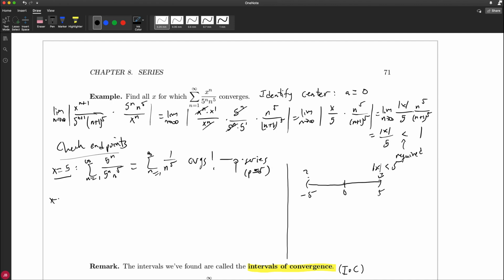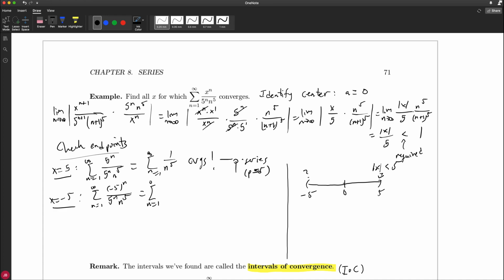Now let's try x equals minus 5. Then I get the sum n equals 1 to infinity, minus 5, parentheses around it to the n. A minus 5 to the n with no parentheses around the minus 5 is technically incorrect. Okay, so you might be thinking, well, I can cancel these 5 to the n's essentially, but you have to be a little bit careful here.